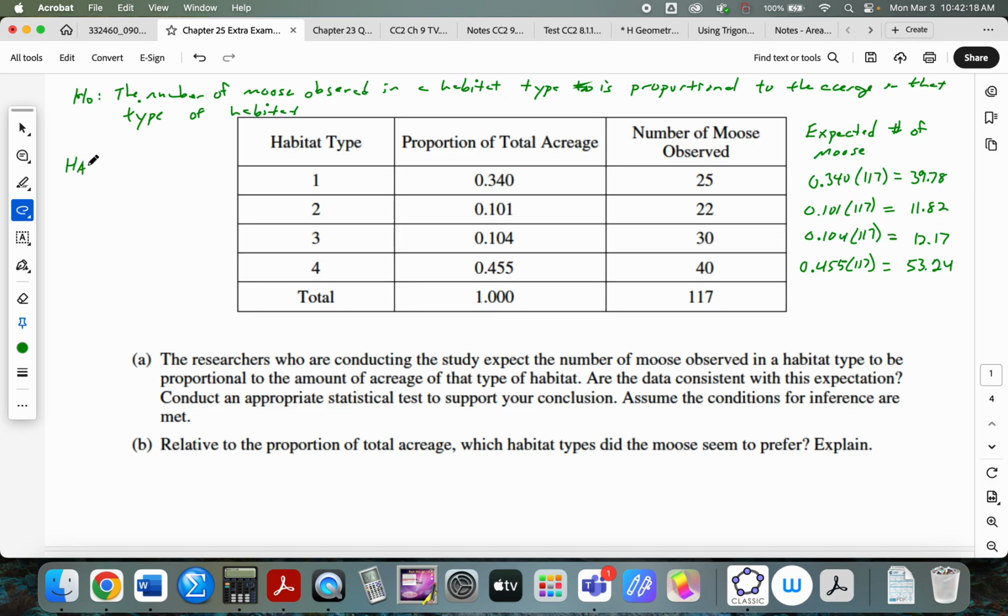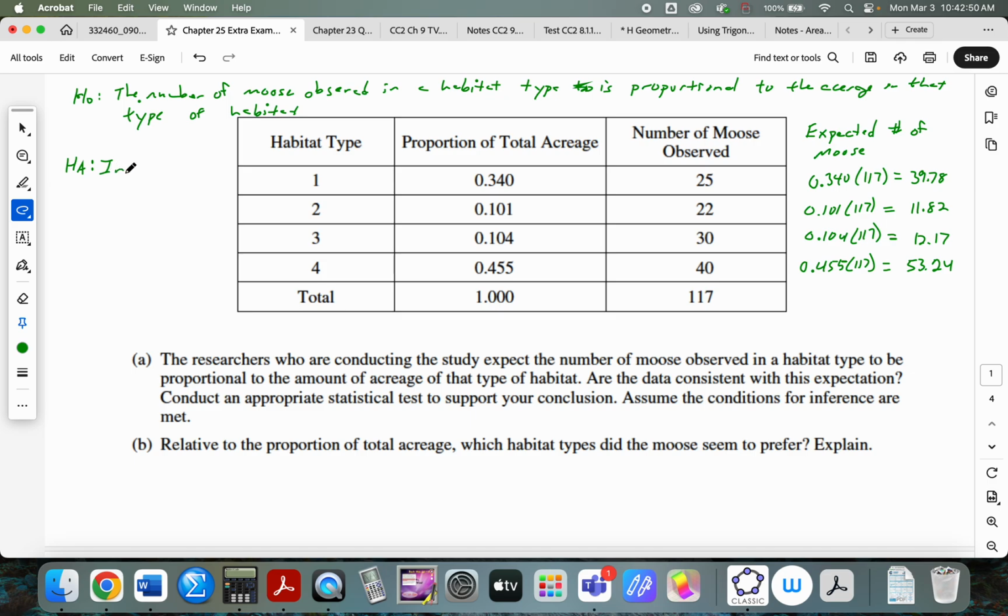What's our alternative? Do you guys remember how we did this? Is not proportional. We would say at least one of the groups, in at least one of the habitat types, the number of moose observed is not proportional to the acreage. Or would we say the difference, but that would make sense. Okay.